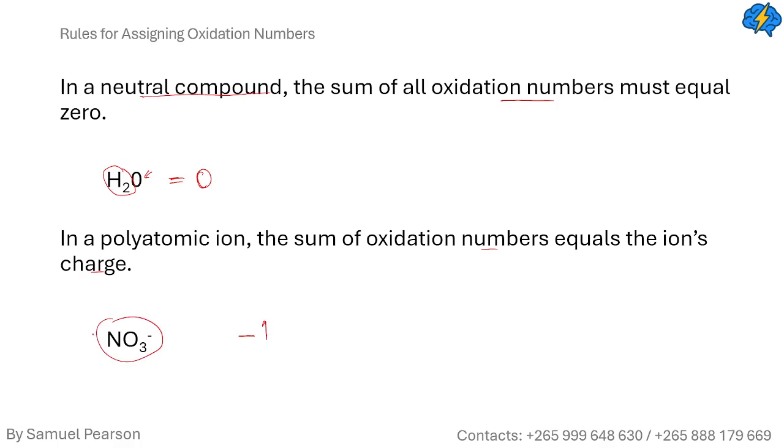In other words, when you add the oxidation number of nitrogen and the oxidation number of oxygen atoms, the sum should equal -1. So in any polyatomic ion, the sum of oxidation numbers equals the ion's charge.